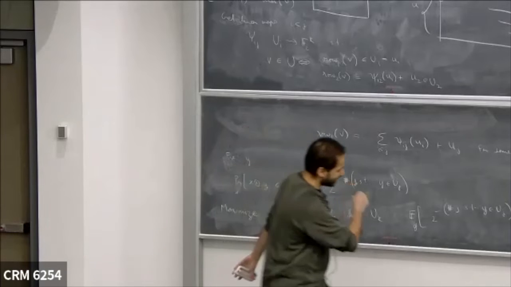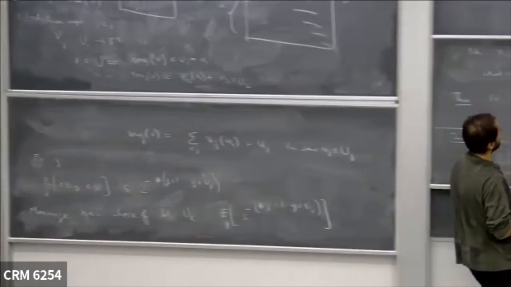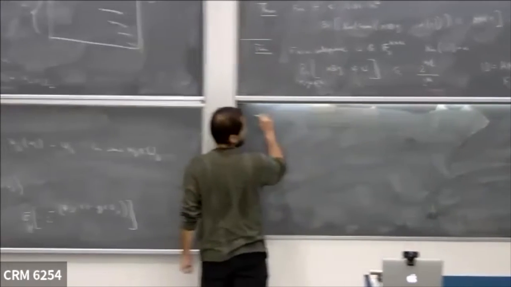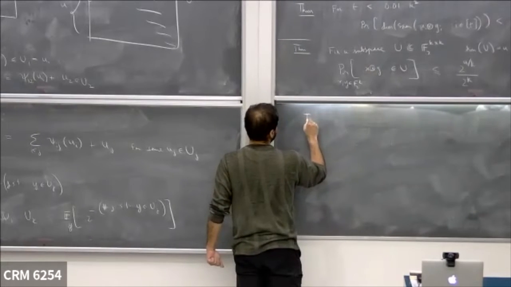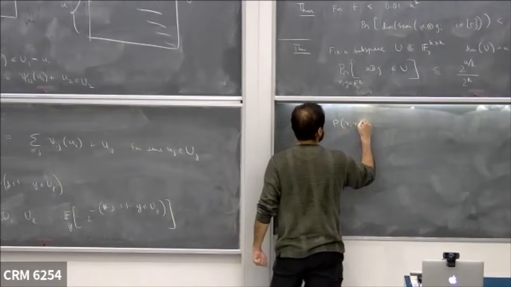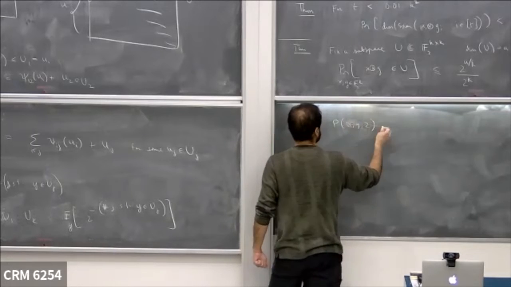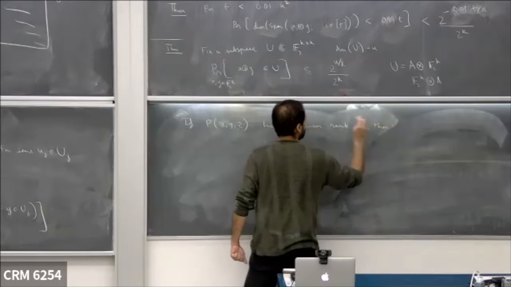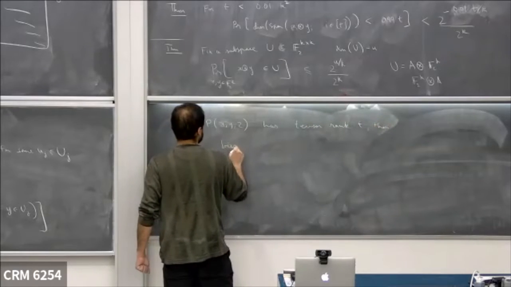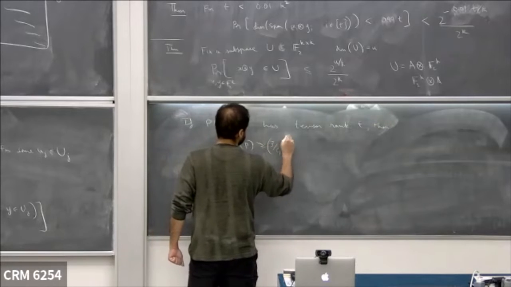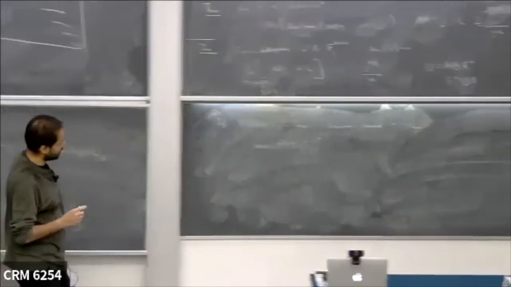Okay. So let me say quickly then this other statement. So this is: if P of X, Y, Z has tensor rank T, then the bias of P is at least (3/4) to the power T. That's what the statement is.